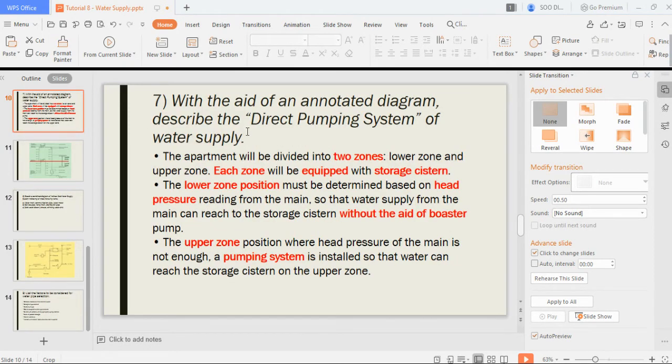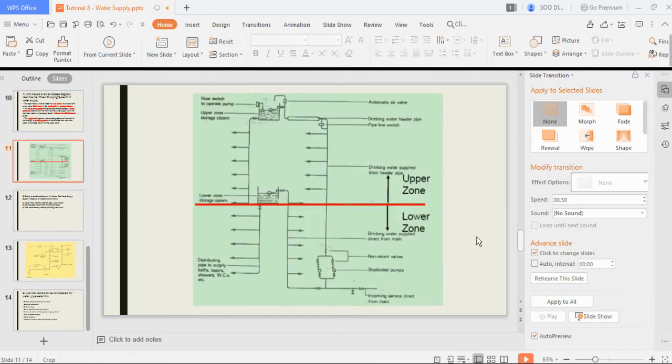Okay, so next question. So with the aid of a diagram, describe the direct pumping system of water supply. So if you can see here, this is the sketch of the direct water supply distribution system. So you have a pump. So you have our incoming main line. So there will be a meter here and there will be a duplicate pump here.